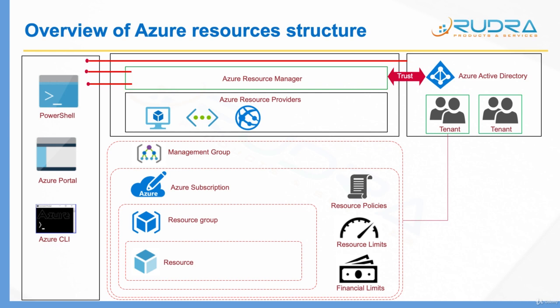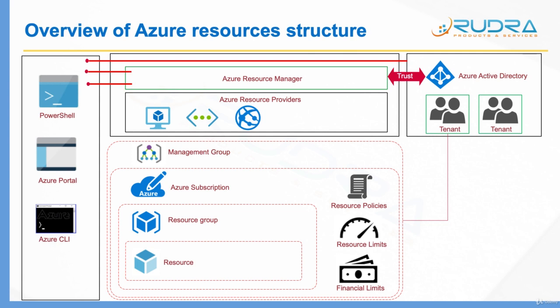When Azure Resource Manager gets a request through Azure Portal or PowerShell, the first thing it checks is whether it is a valid user or not. And the second thing it checks is whether the user has the authorization level to deploy or manage that resource. Okay, so this is how Azure resources are organized, and also how the access check happens in Azure.